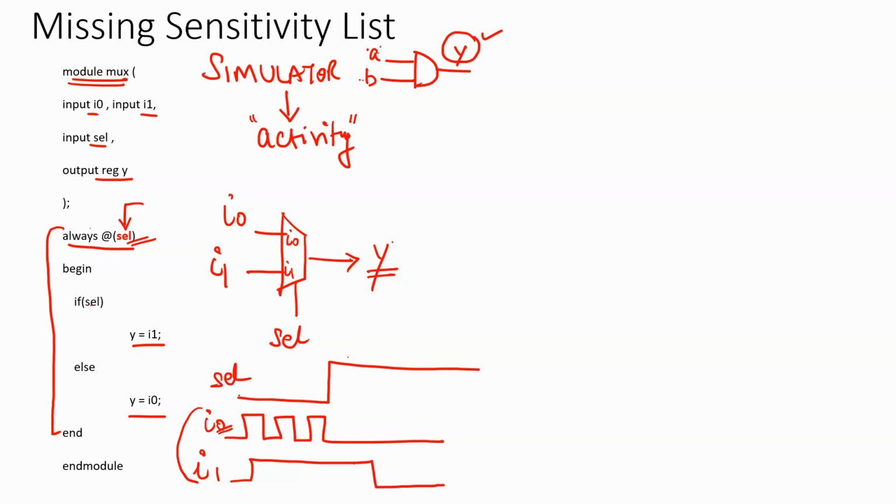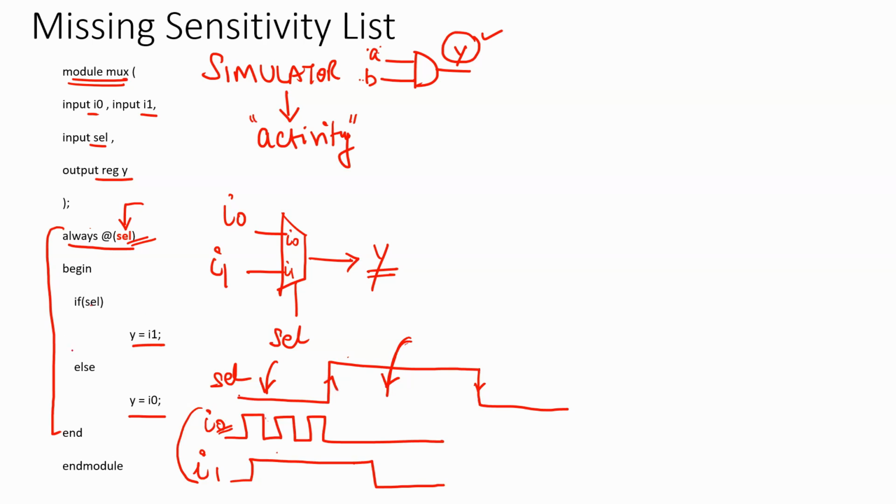When I do my RTL simulation, it will look as if this mux is like a latch. Only when there's a change in select, here or here, the always block will get evaluated. When there is no change in select, the outputs should get assigned to one of the inputs, right? But that will happen only when the always block is evaluated.